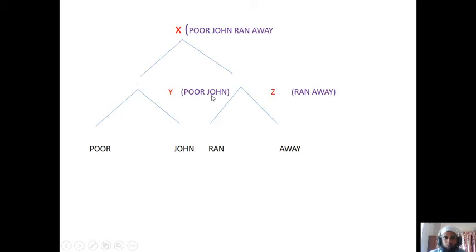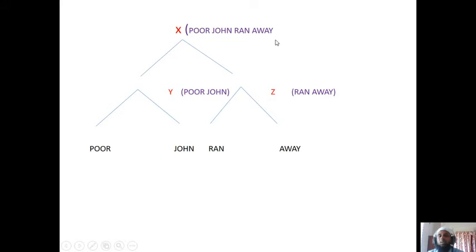So you have Poor John, and again ran and away consist in another component or constituent, ran away. And finally Poor John and ran away, these 2 components combine in a sentence, Poor John ran away, and you get the sentence.